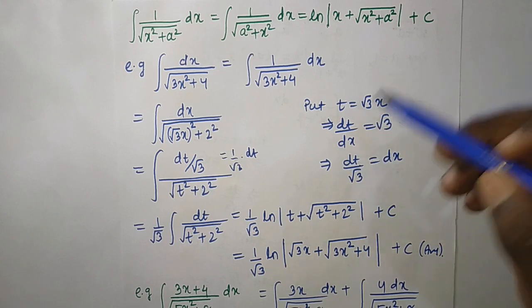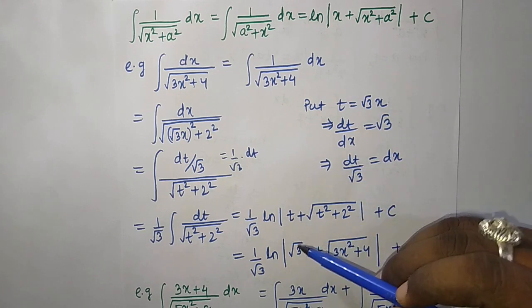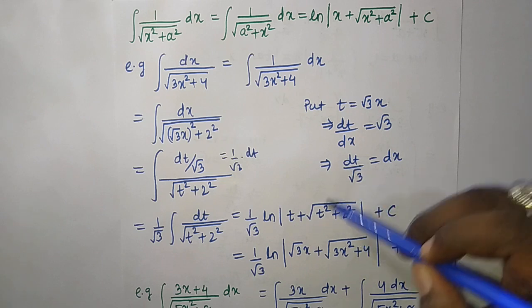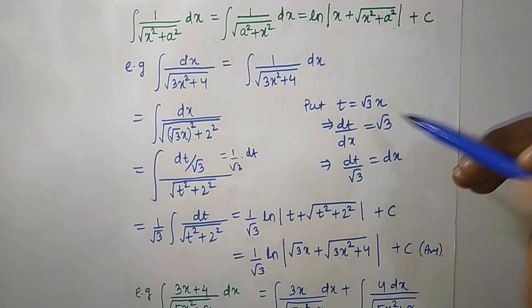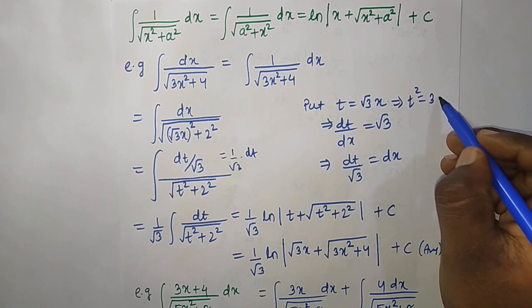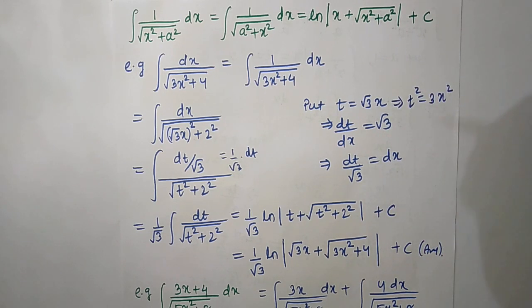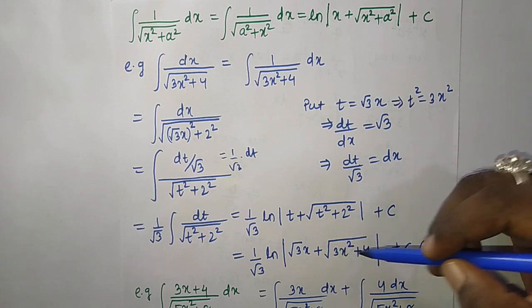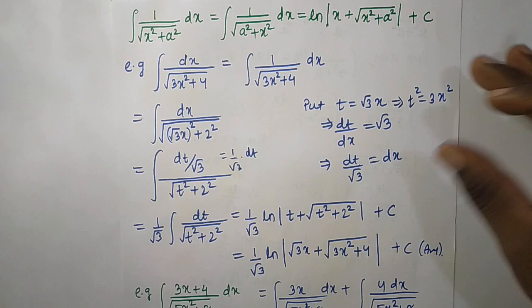Here I have put the value of t, and here also I have put the value of t. T is equal to root 3x, so t square is equal to 3x square, so I have put t square as 3x square plus 4. So this is our answer.